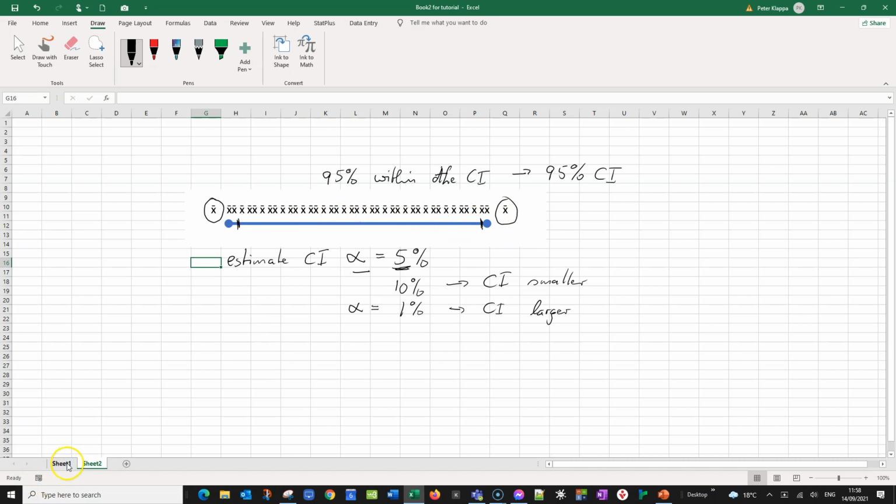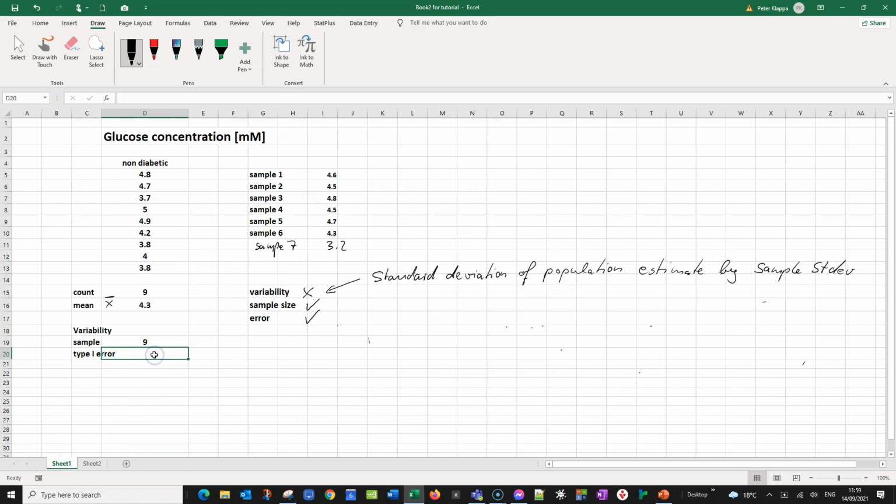And that's a sort of a healthy balance between making the confidence interval too small or too large. So 5% is set very often, and we can do that here already. We set that to 0.05, which is 5%.